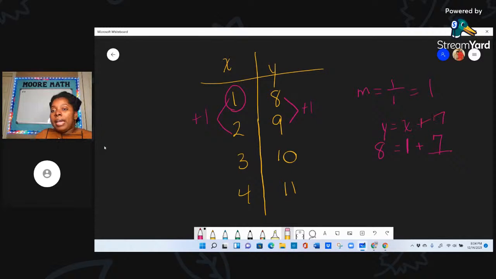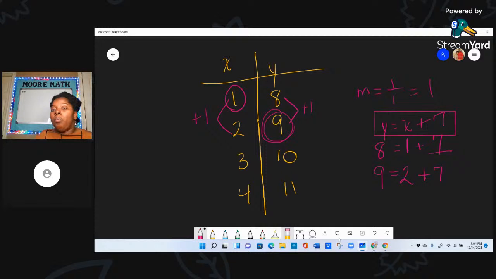So it's y equals x plus 7. But let's just double check to make sure that works. So if it really is y equals x plus 7, I'm going to plug in a 2. And I'm going to add 7. Is my answer 9? Yes, it is. So now I know I have it right.